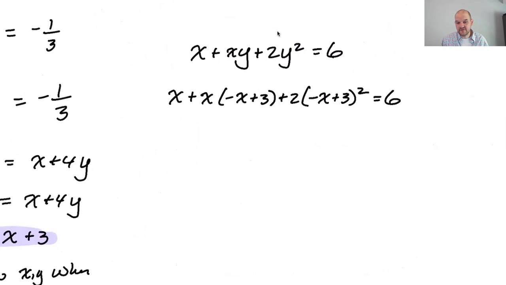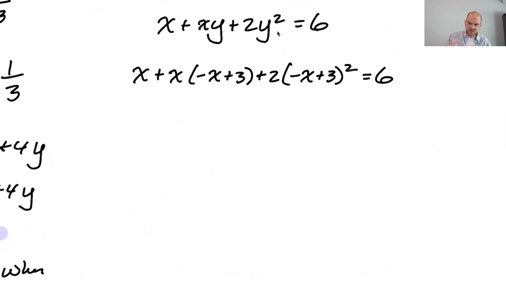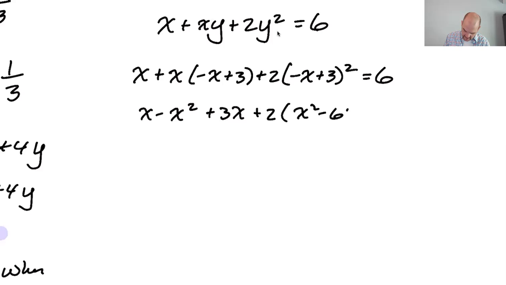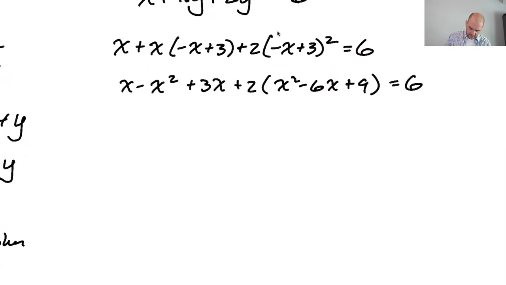So in theory, if I solve this quadratic, the solutions should be the additional points on the curve where the slope is negative 1/3. Let's see if that works. x minus x squared plus 3x, plus 2 times x squared minus 12x plus 9 equals 6. There's no way to know with the older questions if you're overdoing the algebra. 2x squared minus x squared is x squared.